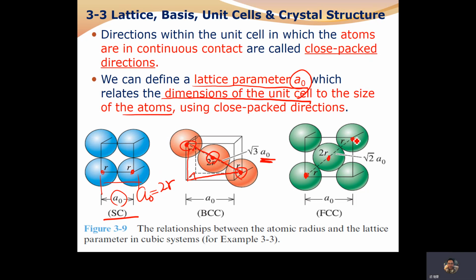Therefore we can use this triangle to find out the relation between the lattice parameter and the atomic radius. Is that okay?